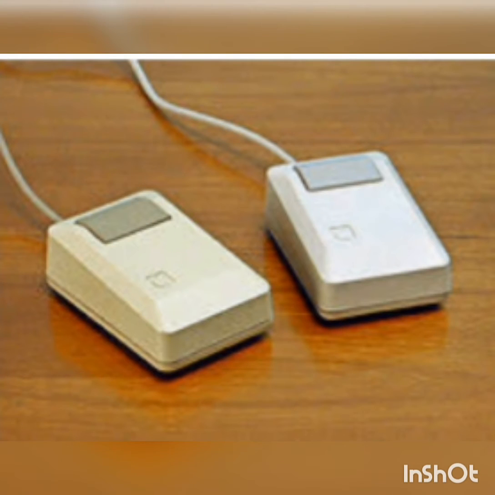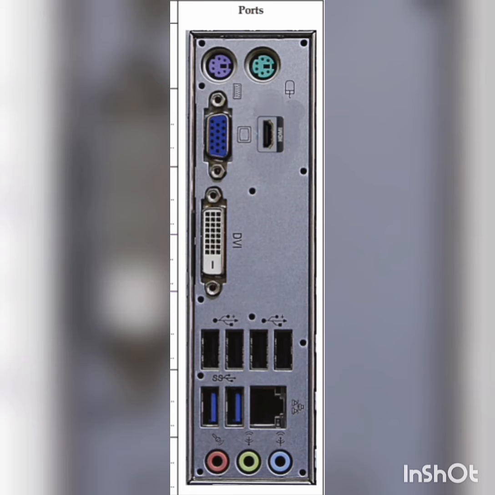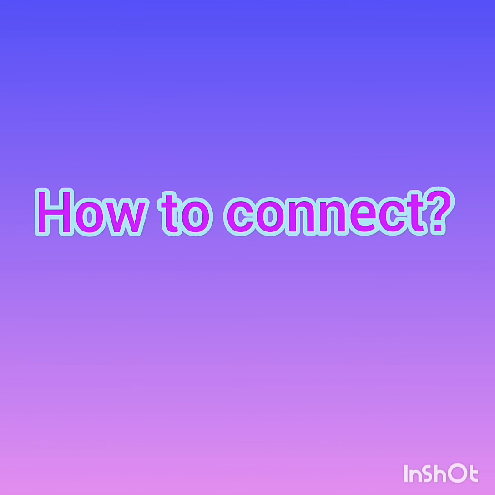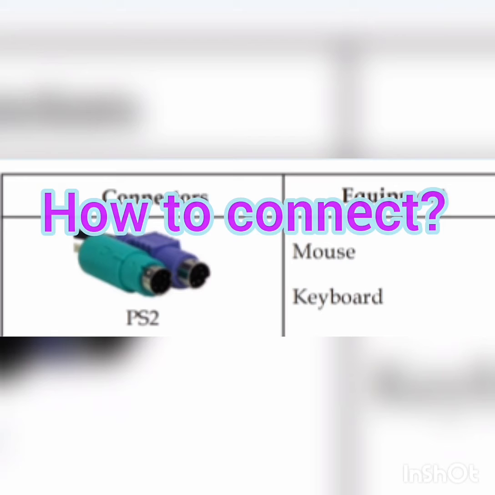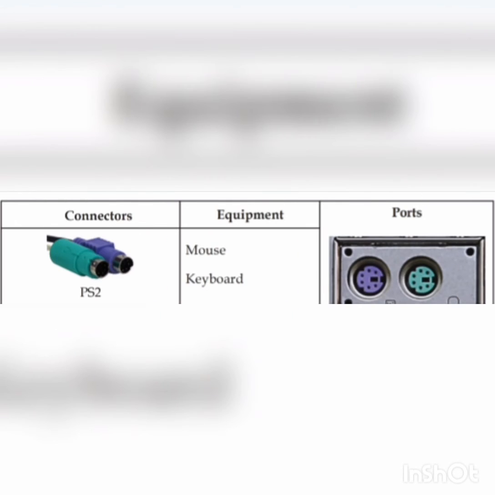You have identified the differences occurred in the shape and function of a mouse, haven't you? Likewise, the system of connecting the input and output equipment to a computer also has changed a lot. How to connect? Examine how the keyboard and mouse that you use is connected to the computer.